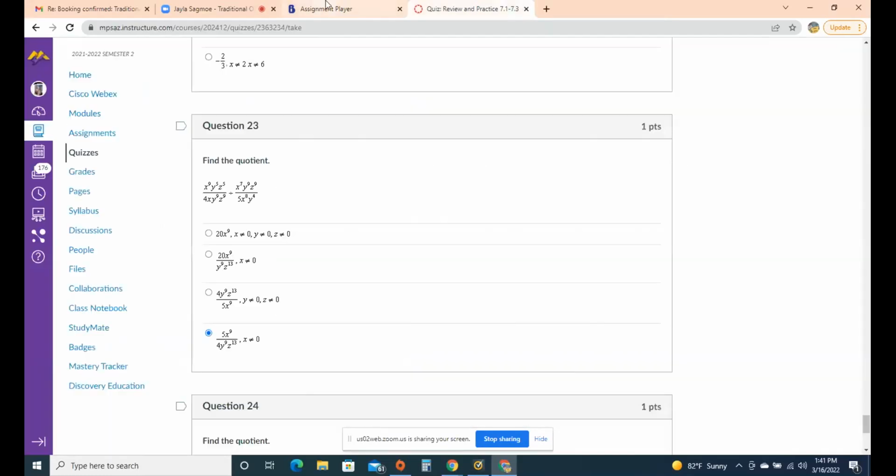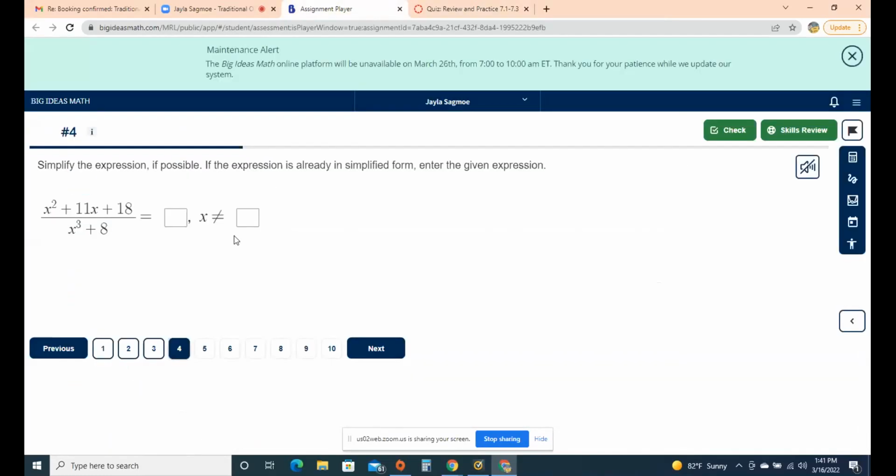All right, so this problem is slightly different, but it is doable. Let me snip it in. Share my screen.